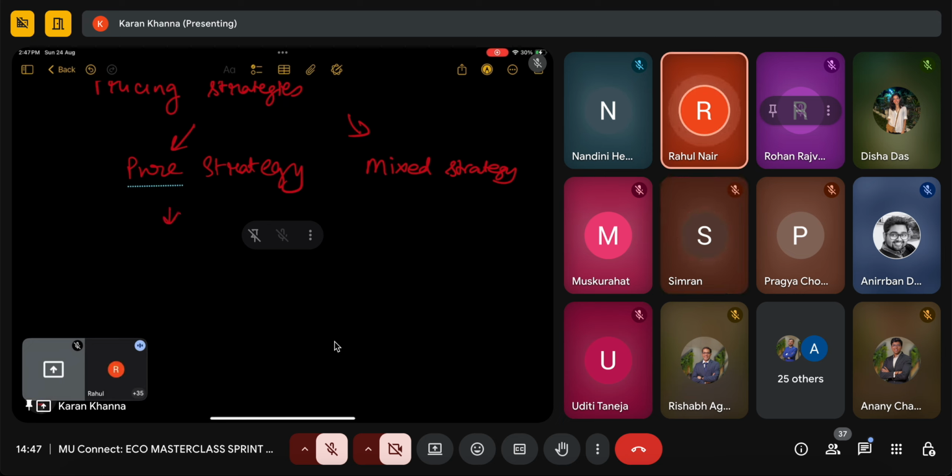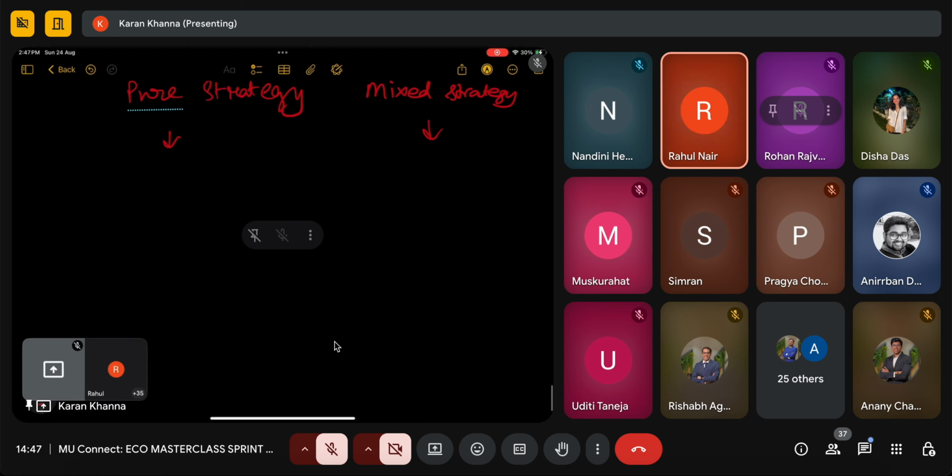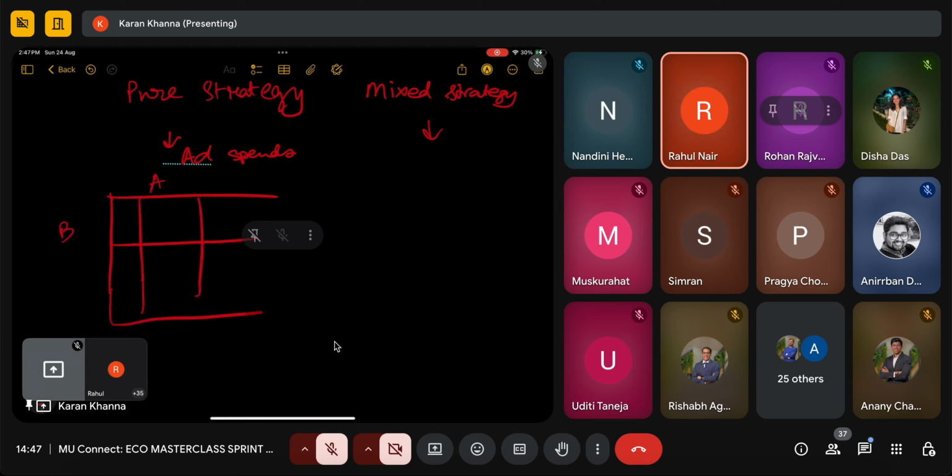Correct. So one example of pure strategy is what? I think ad spends, right? So for example, there are two players. There's a player A, there's a player B, and they can either do an ad spend, no ad spend, do an ad spend, no ad spend.